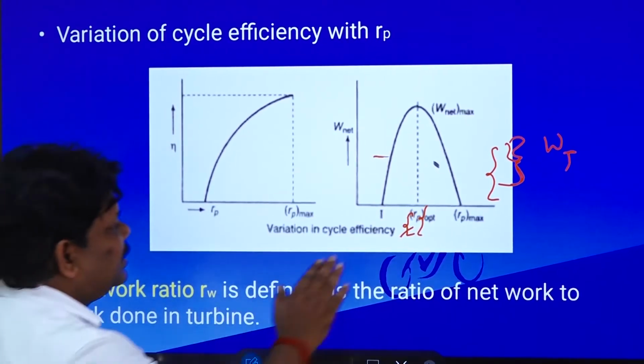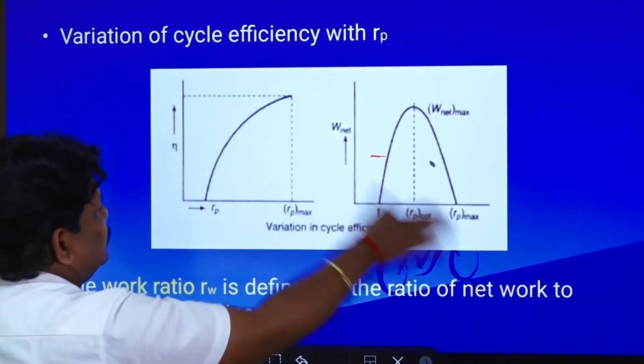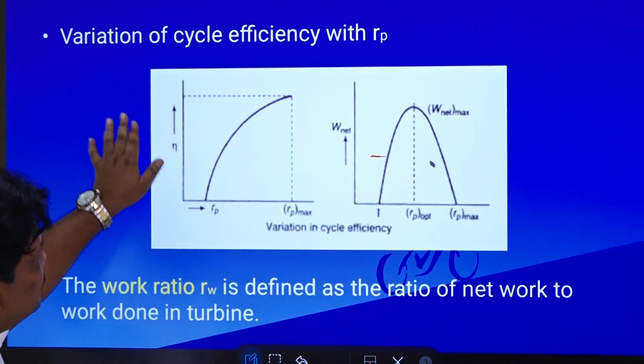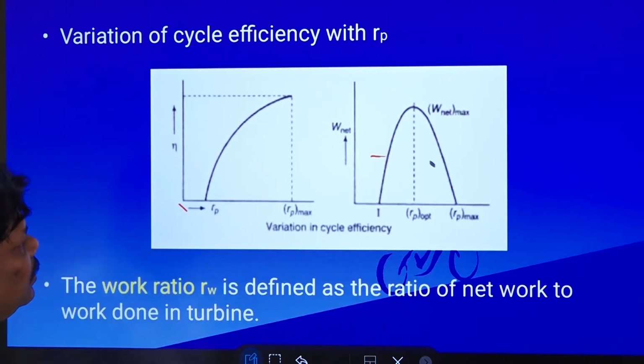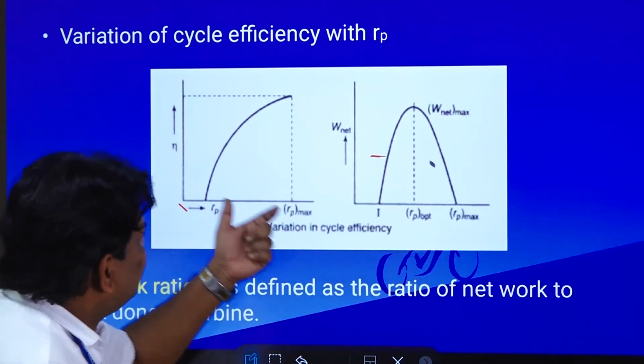The variation of cycle efficiency with R_P is something you may get as graphs in problems. You have to know what happens when you draw a curve between efficiency and the pressure ratio, and net work done and the pressure ratio. You can get a curve like this.